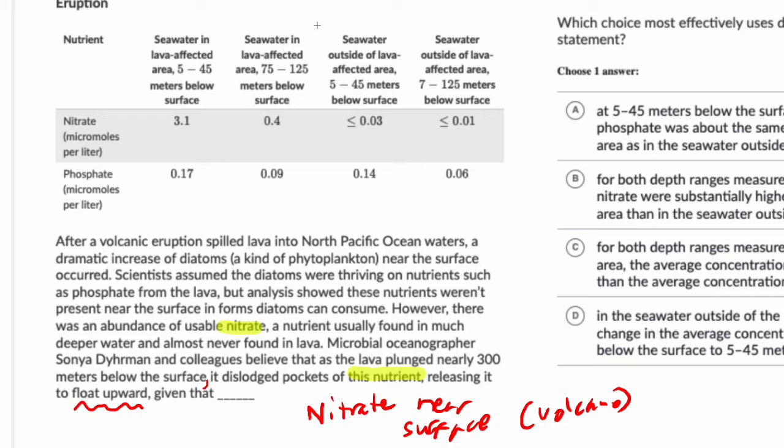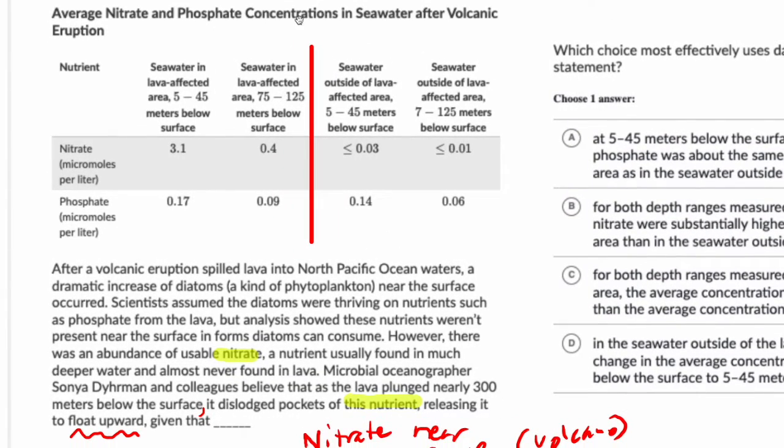So we've got a division here. Average nitrate and phosphate concentrations in seawater after volcanic eruption. So lava affected area, unaffected area, outside of the affected area, and then we've got shallow, relatively shallow. I mean, 45 meters below the surface is pretty deep, honestly, but that's deeper.